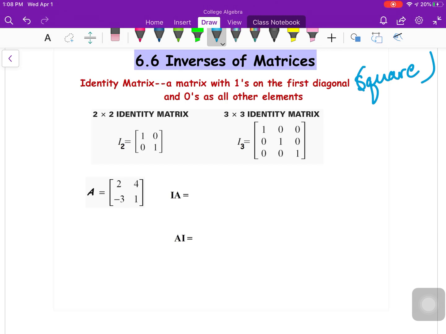So if you see here, this is the identity matrix 2. Why it's just a subscript 2 is because they're square, so it's a 2 by 2. Notice the main diagonal is 1s, and all my other elements are 0. Again, the identity 3 by 3, the main diagonal is 1s, all other elements are 0.